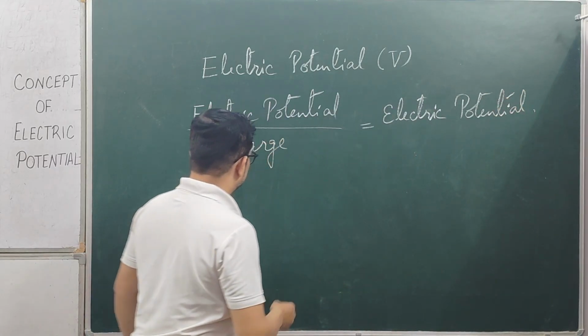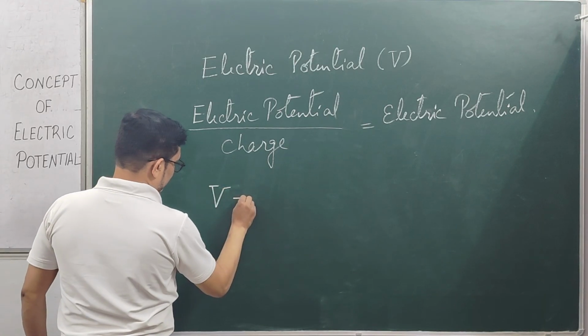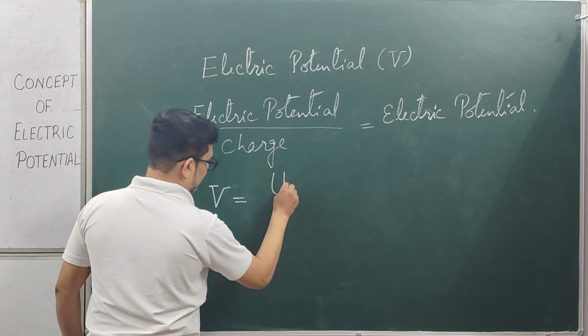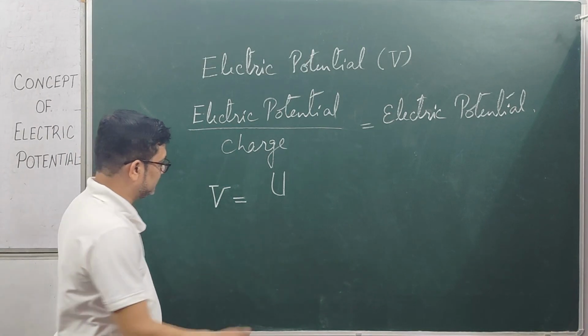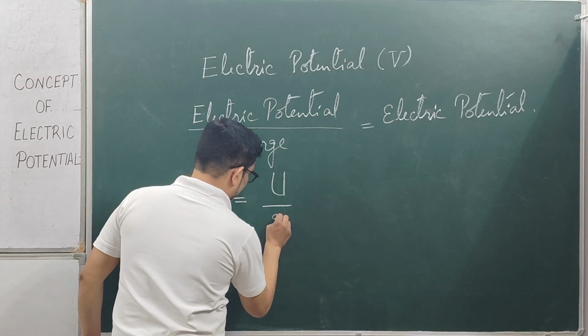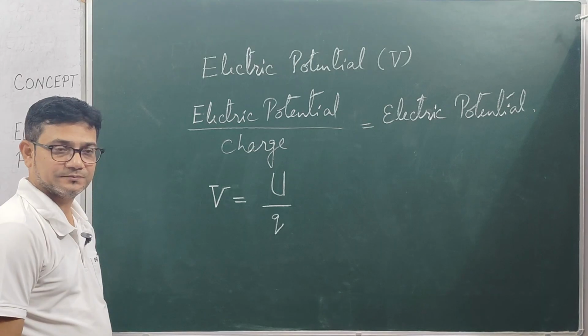So basically we are saying that this V, which is electrostatic potential, is equal to U, which is the notation used for electrostatic potential energy, per unit charge. Let Q be the charge. Well, this is how we get the equation.